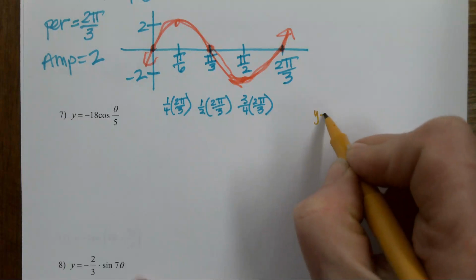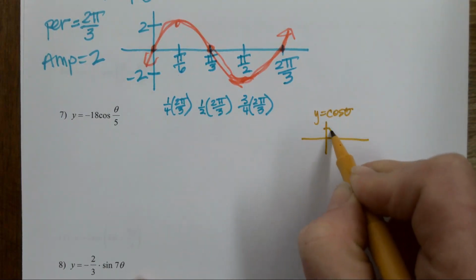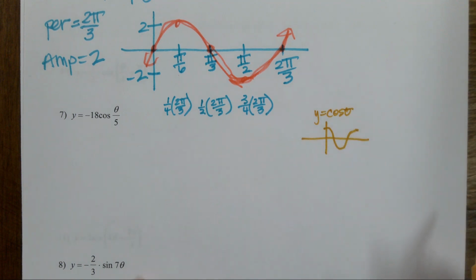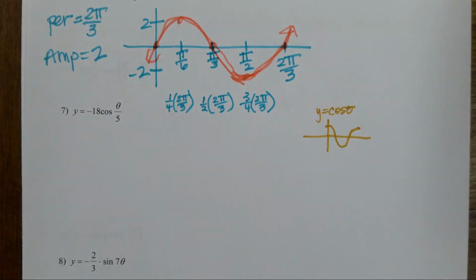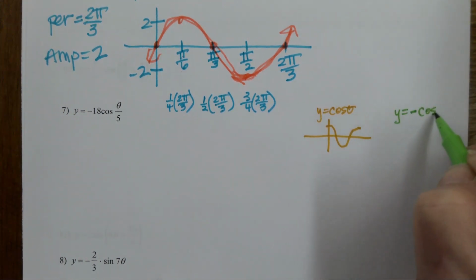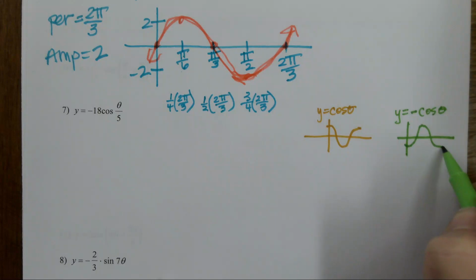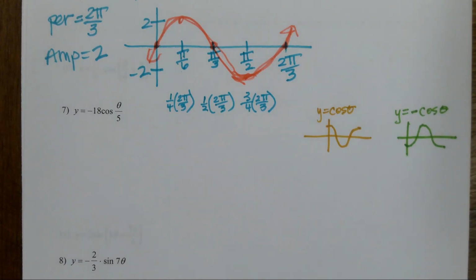If y equals cosine theta, my graph will look like this. If y equals negative cosine theta, my graph will look like this. That's all it does. Flips it over.